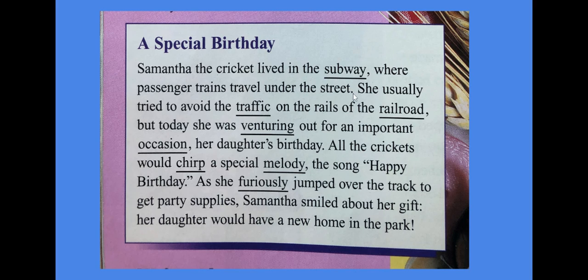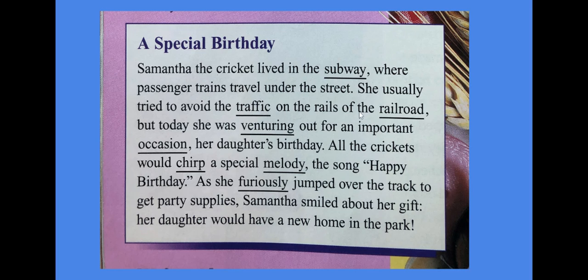Let's continue reading to figure out what traffic and railroad mean. She usually tried to avoid the traffic on the rails of the railroad, but today she was venturing out for an important occasion, her daughter's birthday. So traffic, using my background knowledge, has to do with like roads and streets.